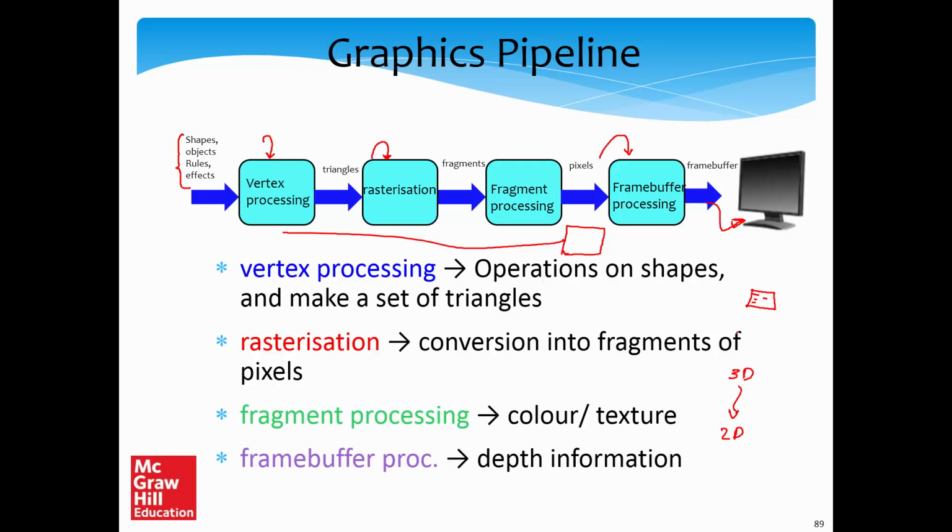I mean, it's not a 2D scene, but it's essentially a 2D array, right? The scene can be 3D, but if you add a little bit of depth information, then we'll get an idea that we are watching a 3D movie or a 3D game, but in reality, what our monitor will actually show us is a 2D matrix of pixels. So this will be done by the frame buffer processing unit.